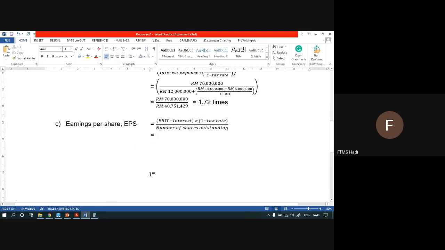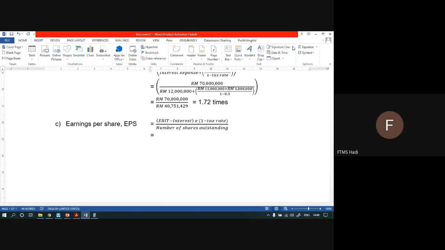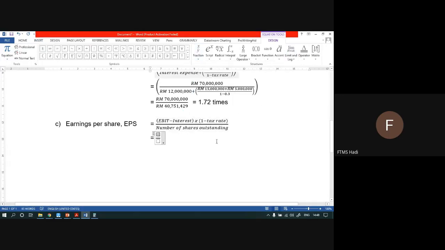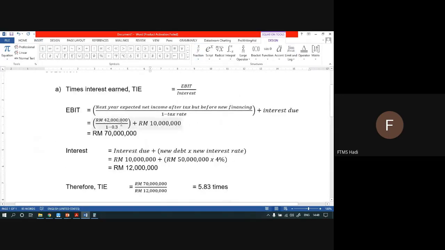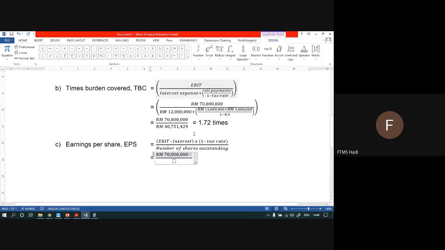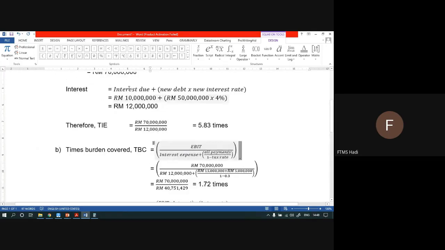Let's put the figures there. EBIT minus interest. EBIT we talked about earlier, you got this EBIT, 70 million, minus interest. Interest you have earlier, 12 million.